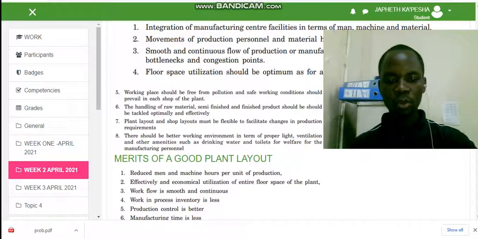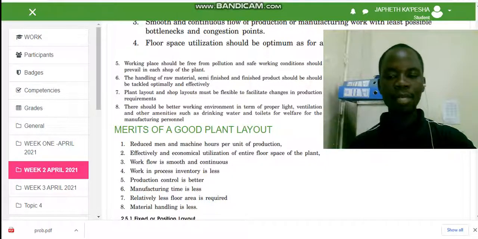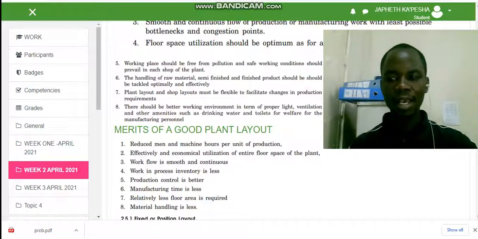Production control is also better with a good plant layout. Manufacturing time is less. Relatively less floor area is required. Material handling is less. Material handling is the aspect of moving bunches or pieces of work from one point to another. So if this is properly coordinated, the better.